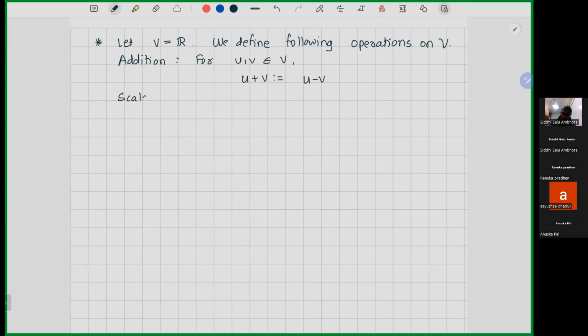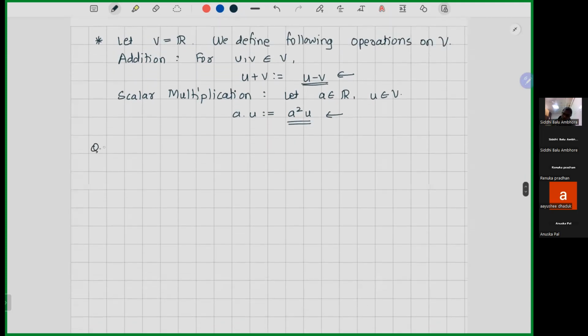And scalar multiplication, where scalars are coming from real numbers: let a be a scalar from real numbers, and if u is in V, then we define a dot u to be a square u. Note that this subtraction and this multiplication here are usual subtraction and multiplication in real numbers.